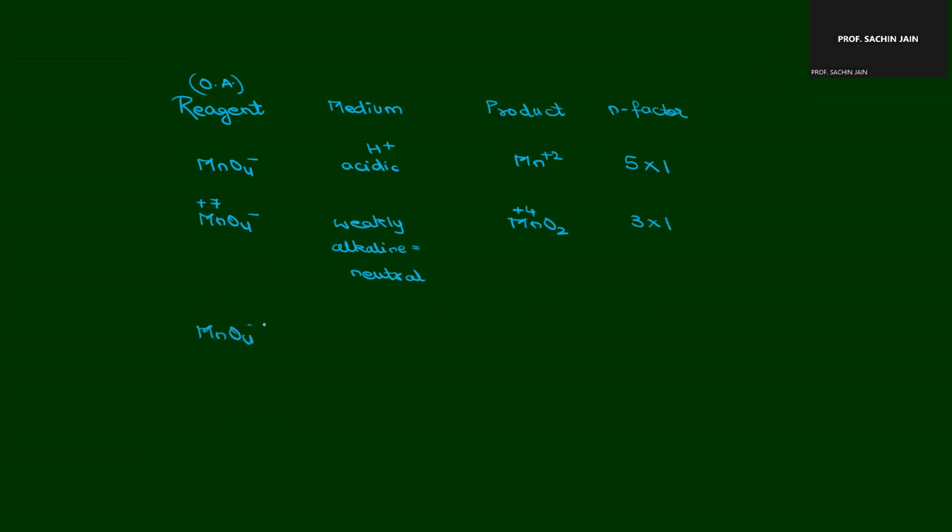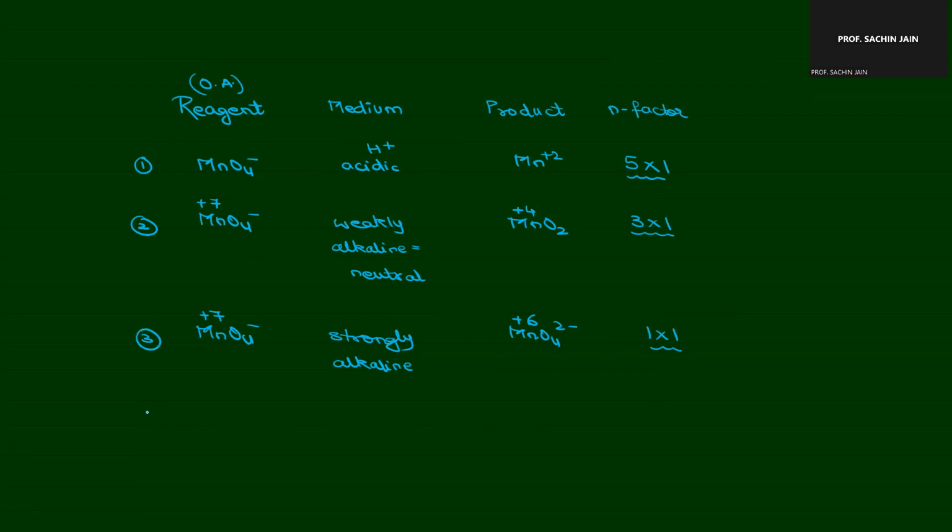The same permanganate, if you react in a strongly alkaline medium, changes to manganate ion MnO4²⁻, where the oxidation number changes from +7 to +6. The change is 1 times atom is 1. So you see the N factor is 5, 3, 1 respectively when the medium is acidic, weakly alkaline or neutral, and strongly alkaline.